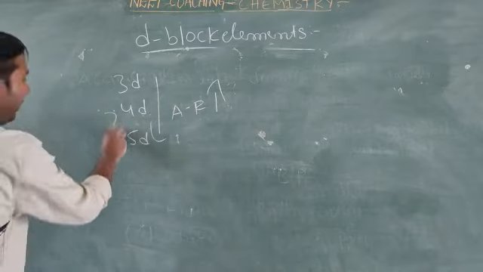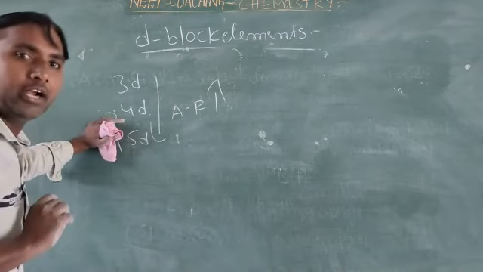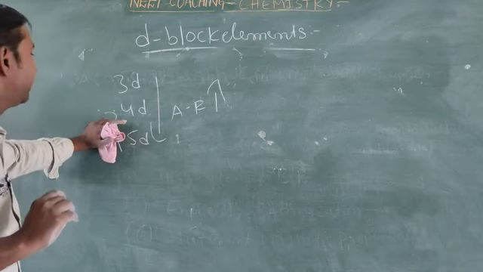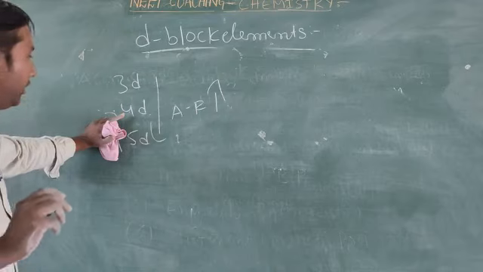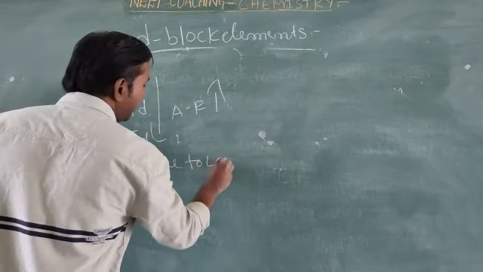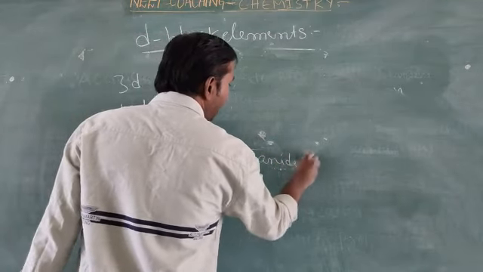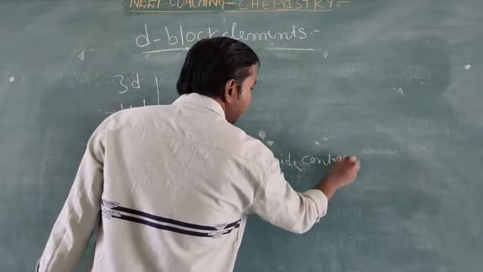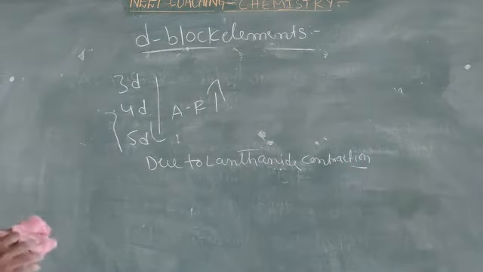But 4d and 5d have nearly the same atomic radius values due to lanthanoid contraction. Okay, this is about the atomic radius.